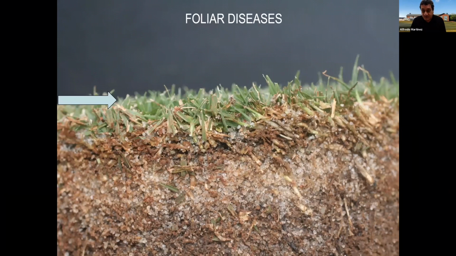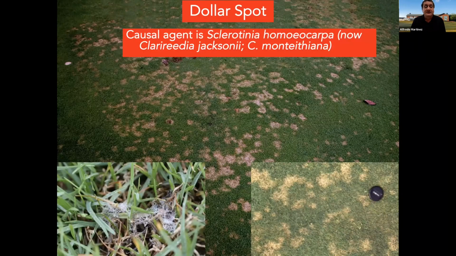Foliar diseases. We're going to see a couple of foliar diseases that are going on right now. Dollar spot. Everybody knows dollar spot is one if you're going to get it, but when you're going to get it is the question. The different thing now is that we have gone from one species of one fungus to 3 or 4 different species.